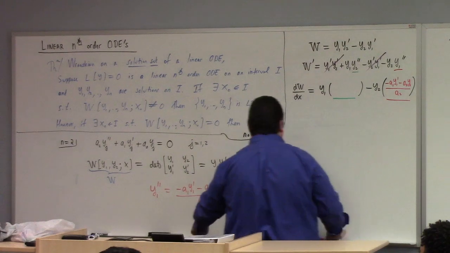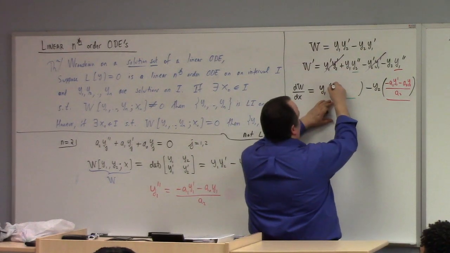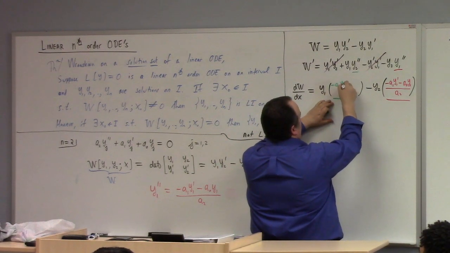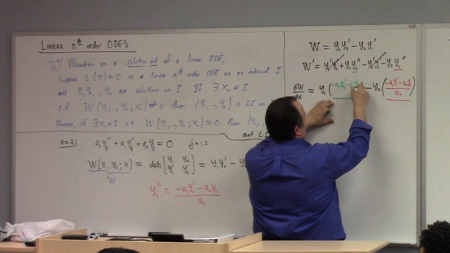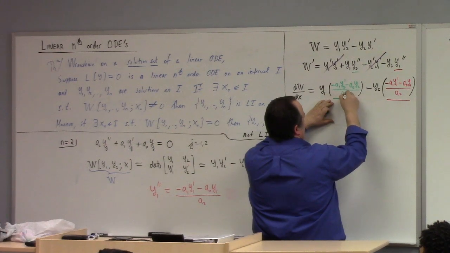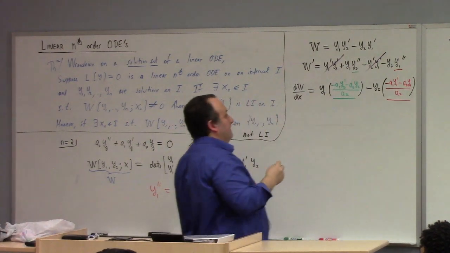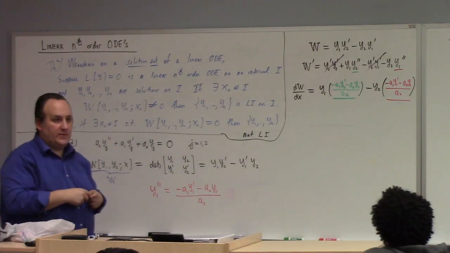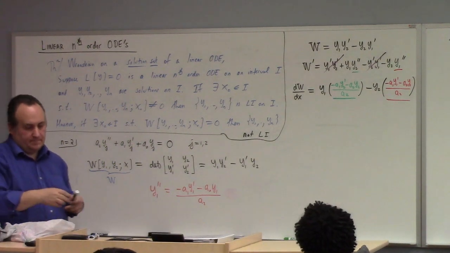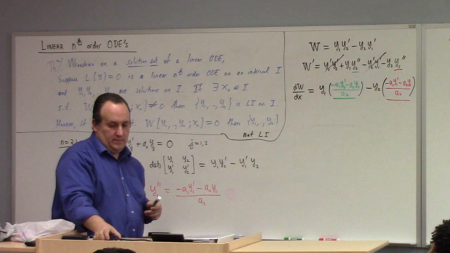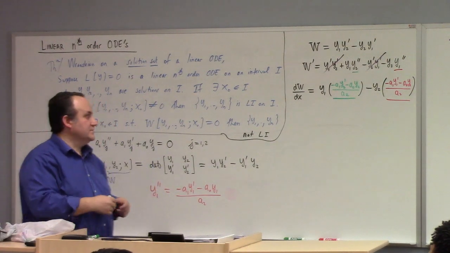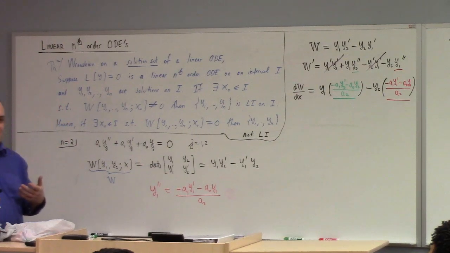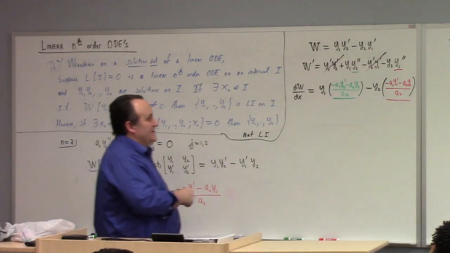And also for the other one, similar thing, minus a1 y2 prime minus a0 y2 divided by a2. Right? I know you guys can do this calculation because I've put this on tests before and students have done it with success. We're not there yet though.